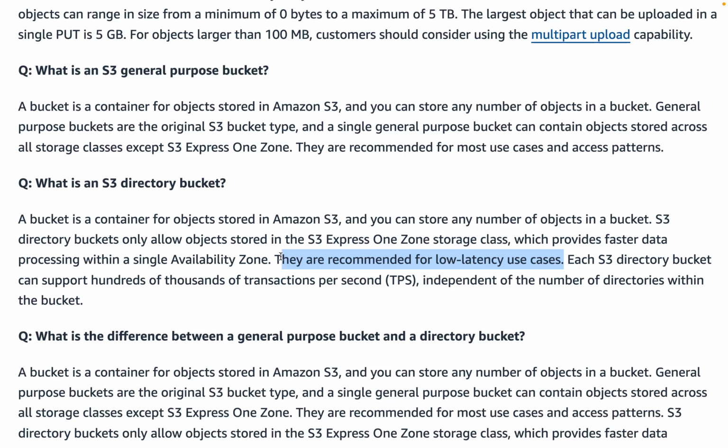Each S3 directory bucket can support hundreds of thousands of transactions per second, independent of. Okay, I didn't get the earlier part also. S3 directory buckets only allow objects stored in S3 Express One storage. And why is that? You go and ask someone, hey, what is this?